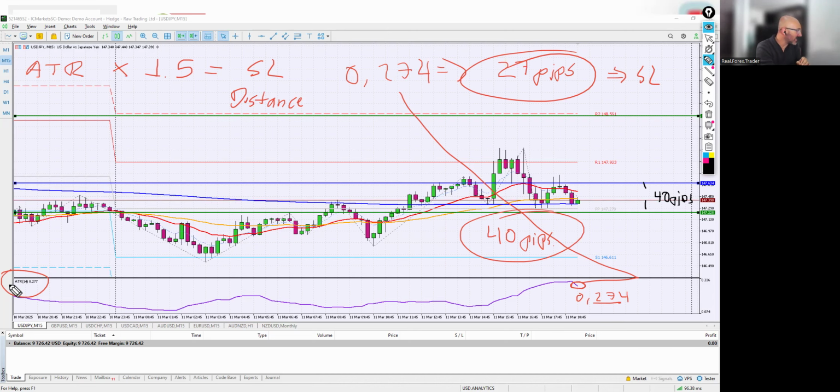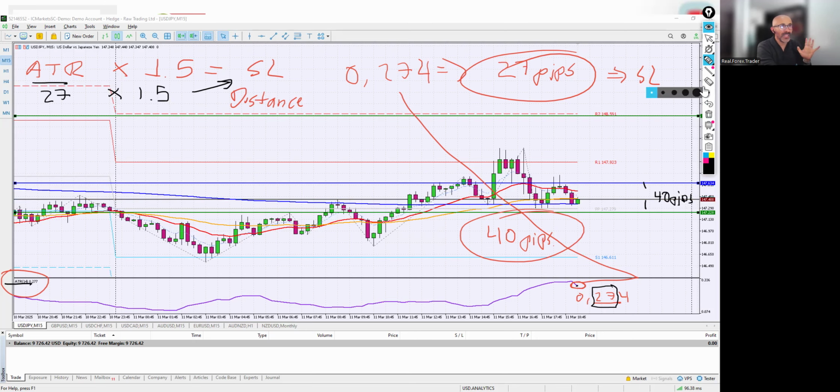My ATR tool, right? I read it here on this very moment. The volatility is telling me that the movement in the last 14 periods is around an average of 27 pips. All right. So my ATR, that is currently 27 pips, multiplied by the rule of 1.5, is going to give me my stop distance. And that number is 40 pips.